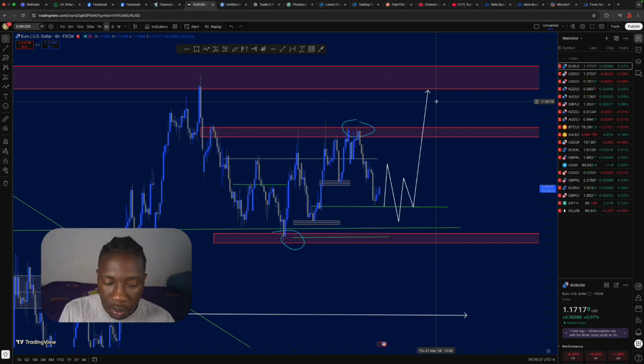If you are going to be the first to enter before the market shows you it is taking that direction, maybe the market is not going to go to that side, because it didn't give you the right confirmation for that movement.